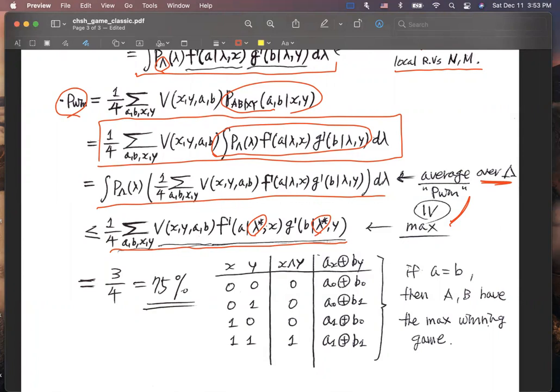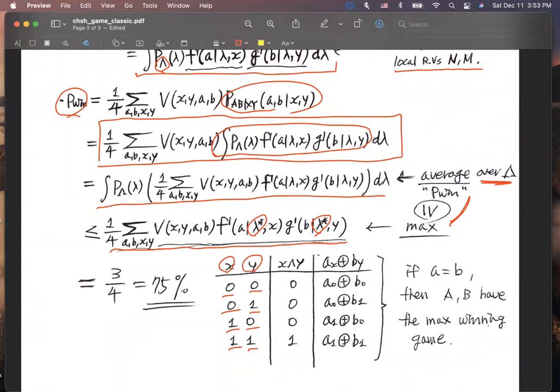So we can write down all the game scenarios. For example, the x value can be 0, 0, 1, 1, and the y value from Charlie can be 0, 1, 0, 1.